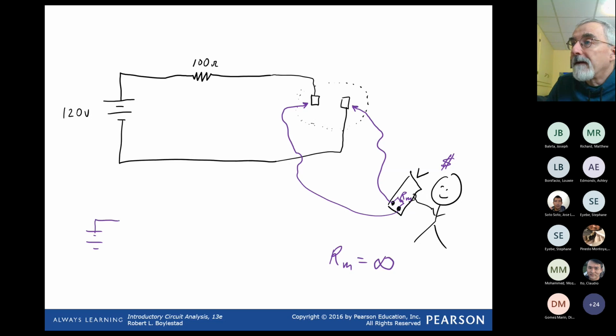let me redraw my circuit without the fancy plugs here. 120 volts, 100 ohms. In the circuit I'm showing, I equals 120 volts divided by 100 ohms plus the resistance of the air.